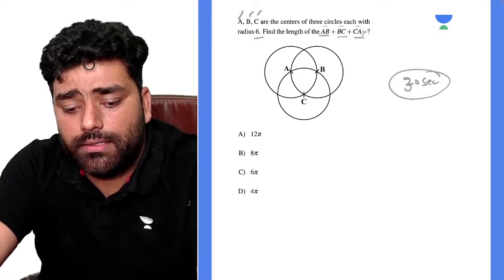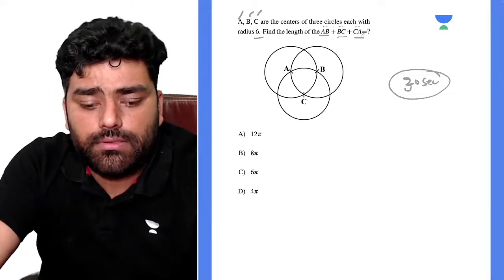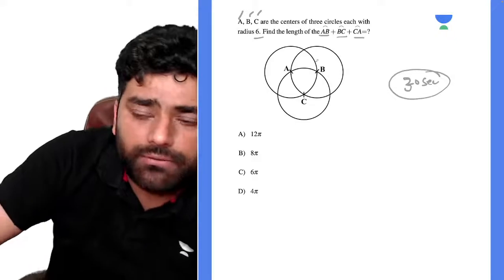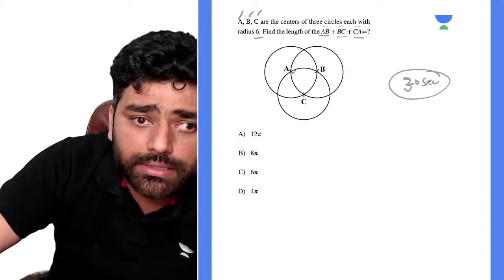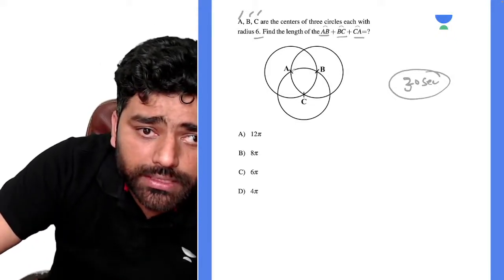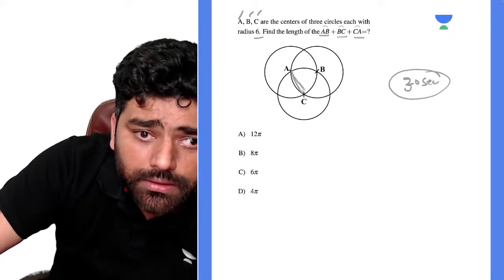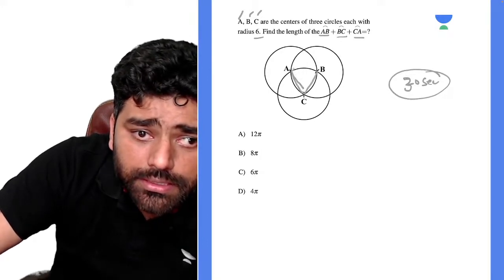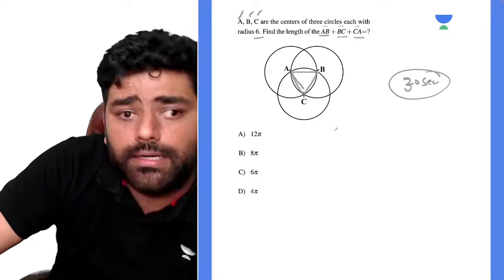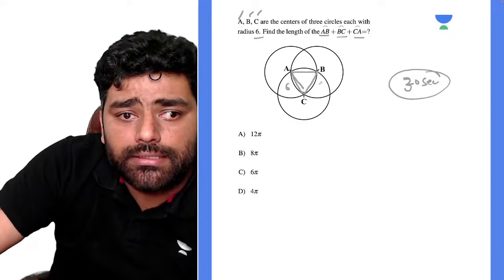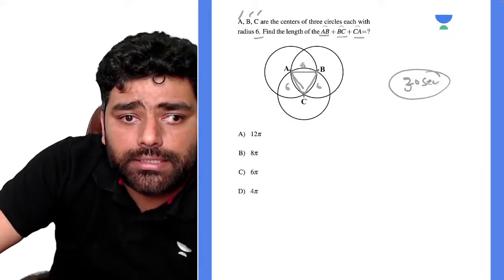How do we find that, guys? Okay, so first of all, what you need to think is, is there any key information given to us? Yes, we have been given the radius. So if you connect, because A and B are the centers, right guys? So if these are the radii with 6, 6 and 6, correct?